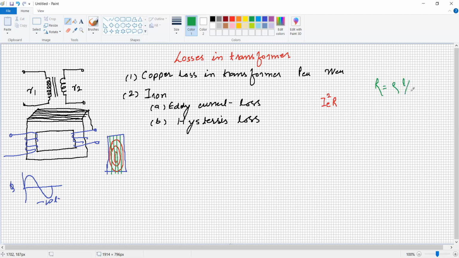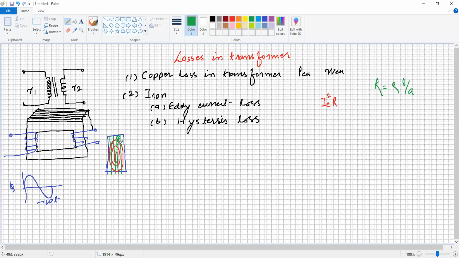Since resistance is rho L upon A, when the area decreases, the value of the resistance becomes higher. So thin laminations, a number of strips, are stuck together with the help of varnish, an insulating material between every strip.